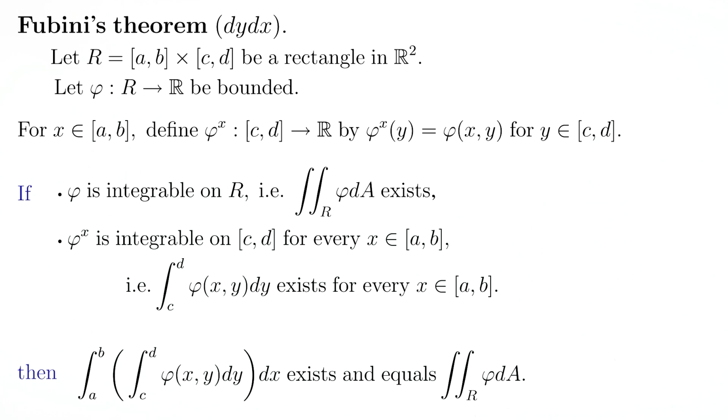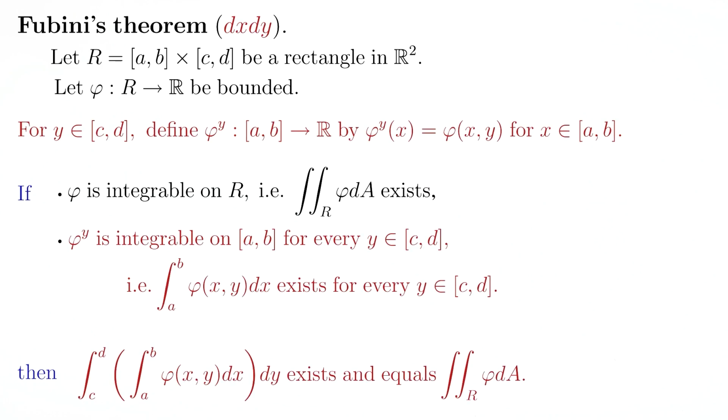Now here is the new dx dy version. This was rewritten fairly easily by simply swapping the roles of x and y. The x slices are now y slices, and the iterated integral is now dx dy. The formal statement looks the same, but the geometry of the cheese is different.